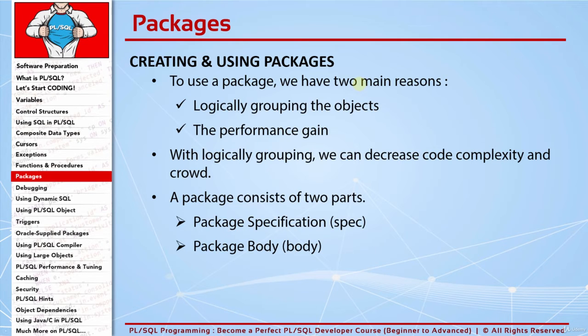This is important. In the package specification, we only declare our objects. We can declare our functions, procedures, variables, cursors, etc. You know which types of variables can be used in packages already. We cannot type the begin end block of our subprograms, but we can assign some values to the variables. We will see all these.